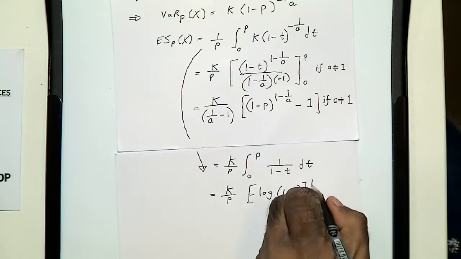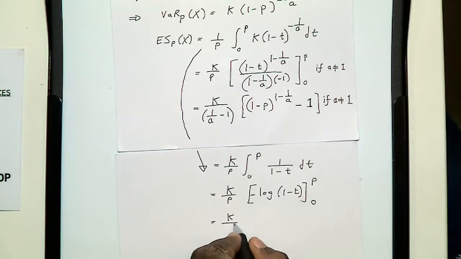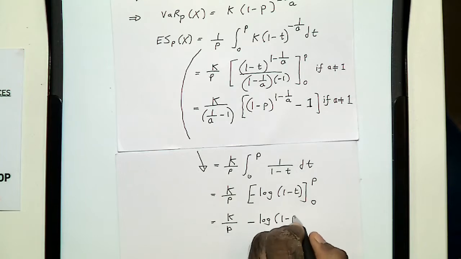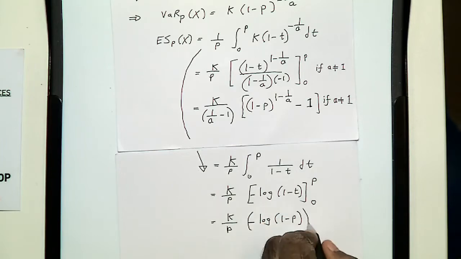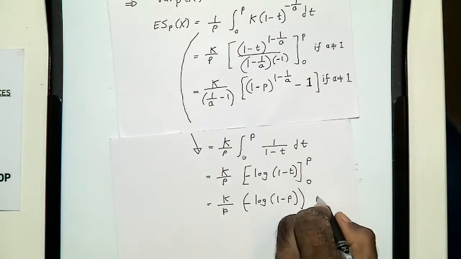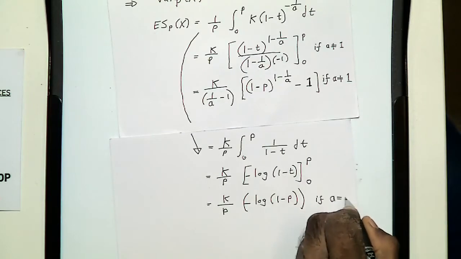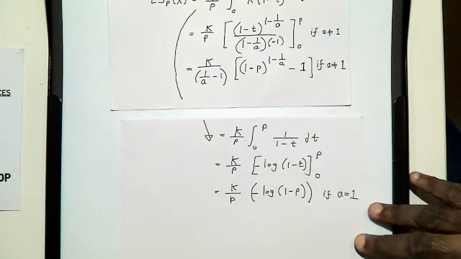Take the limits from 0 to p, and the limit at p will be minus log of 1 minus p, and the limit at 0 is 0, right? So this is what you have in the case a is equal to 1.